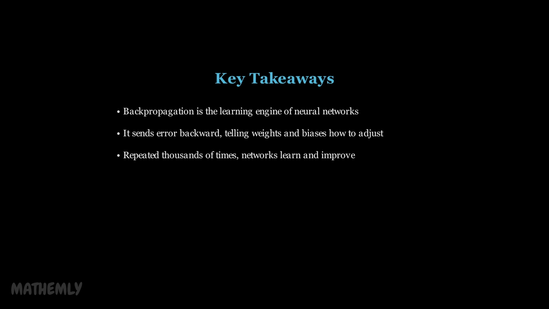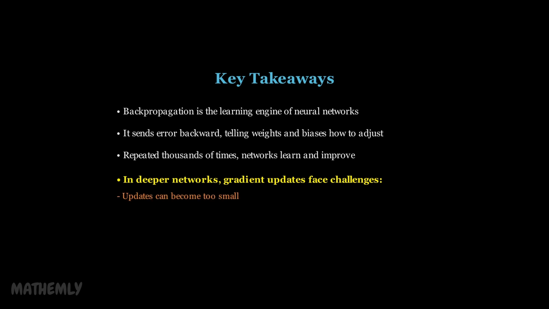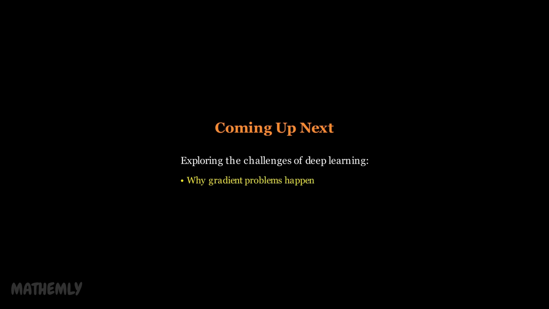But as networks become deeper, the gradient-based updates used in backpropagation aren't always perfect. Sometimes the updates become too small, sometimes too large, making learning slow, unstable, or even impossible. In the next video, we will explore these challenges and build intuition around why they happen and how modern optimization methods try to overcome them.